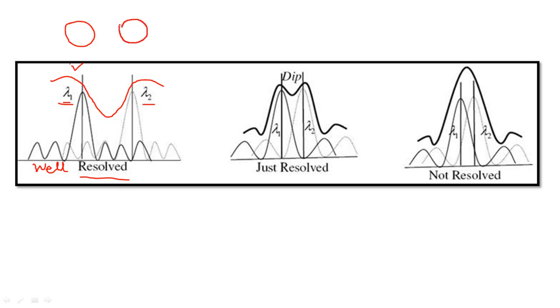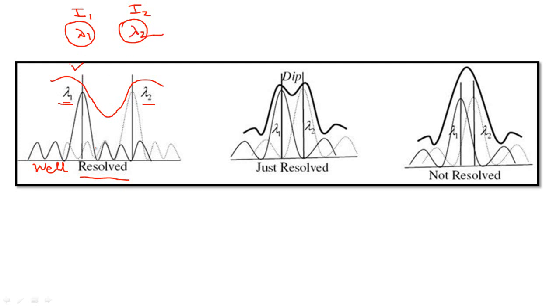Observing from the top, you can see the intensity I1 for lambda 1 and the intensity I2 for lambda 2, so that you can clearly identify the two wavelengths present in the given source of light as lambda 1 and lambda 2.